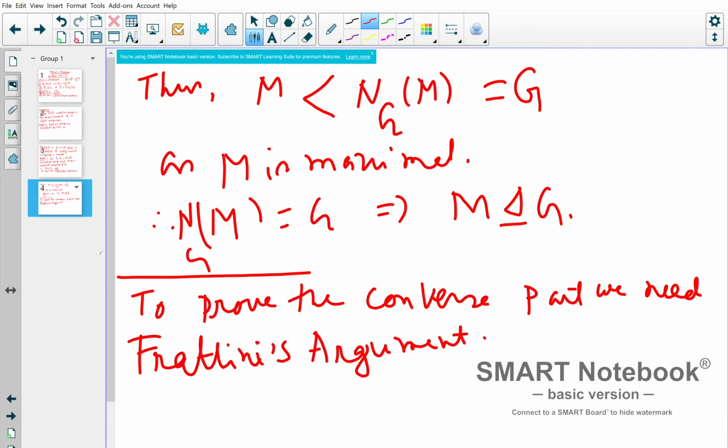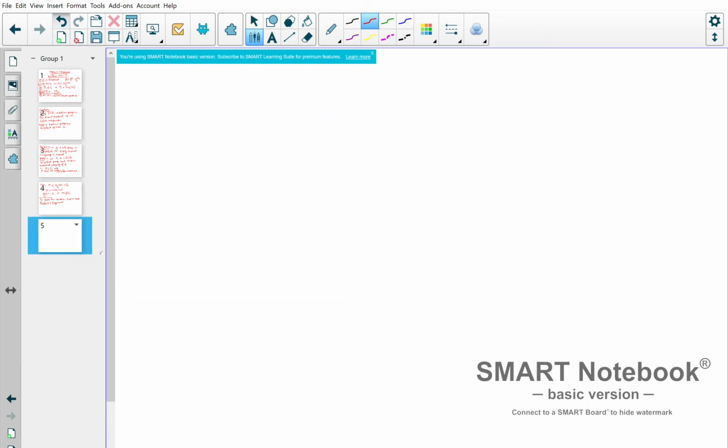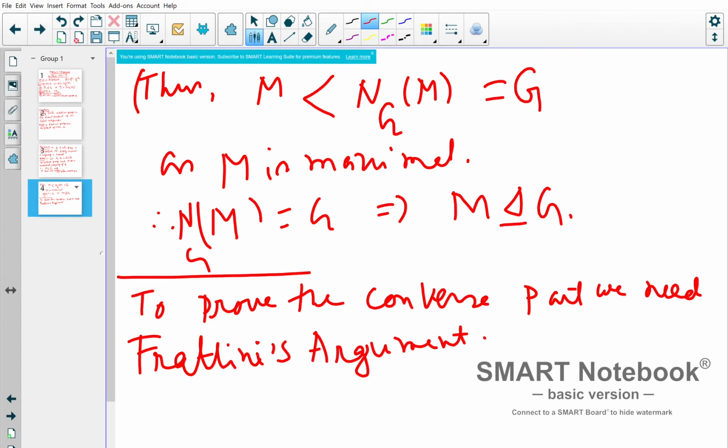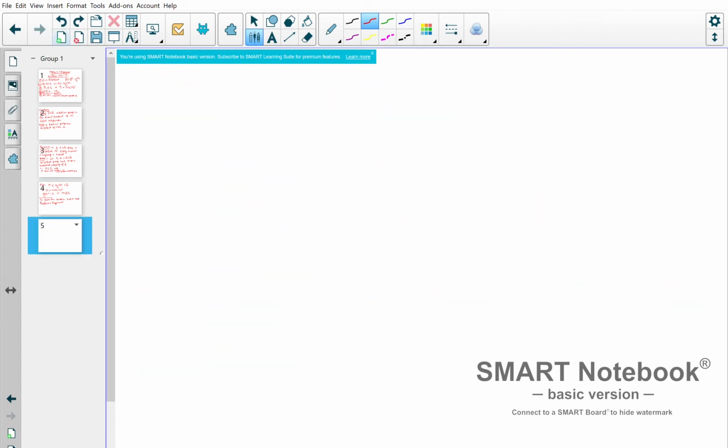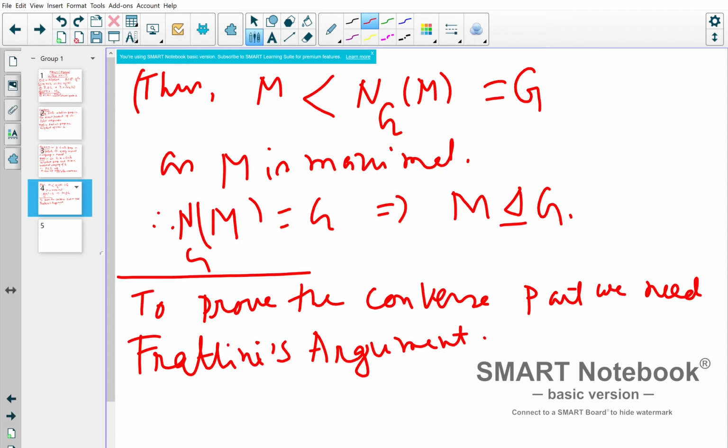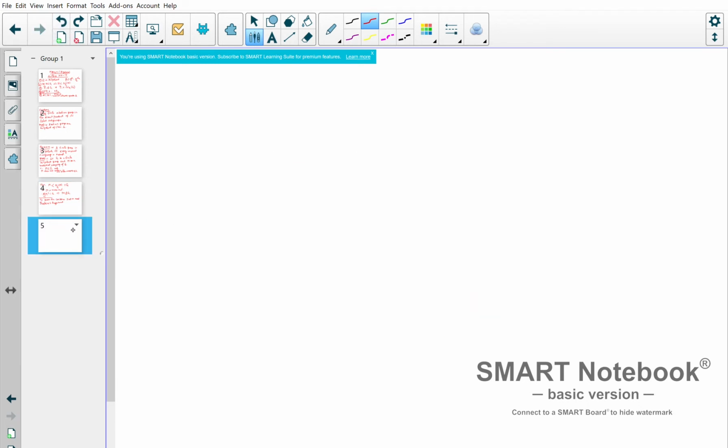Okay. Now let me tell you what this Frattini's argument or lemma is, and then you will understand the proof of the converse part. Okay. Frattini's argument.